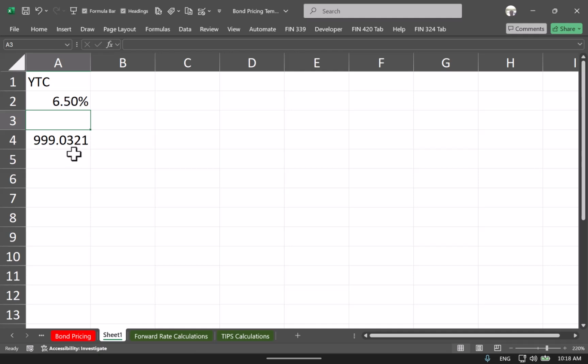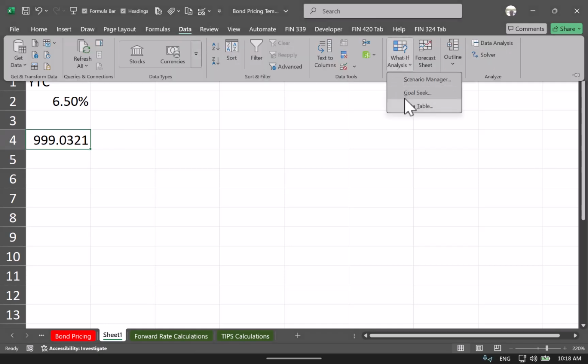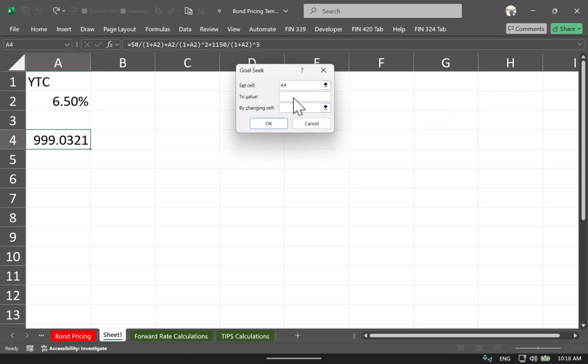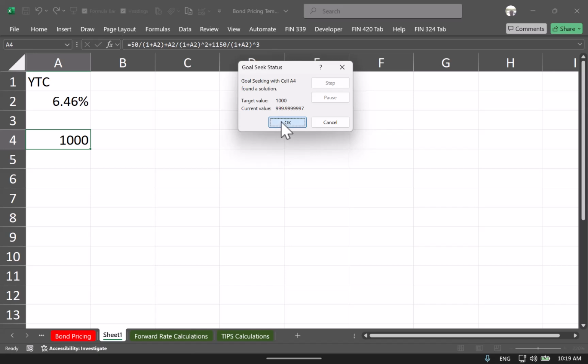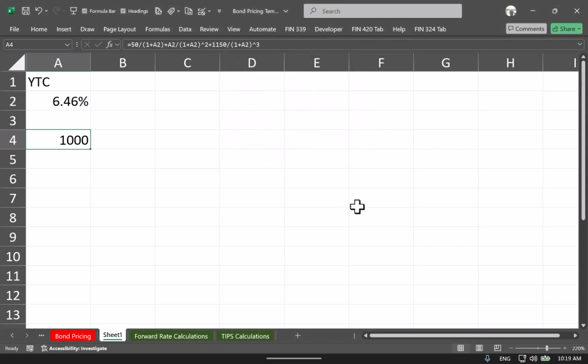But we're civilized people. We would take that value, data, what-if analysis, GoalSeek to 1,000 by changing that yield. So 6.46 in this case is yield to call.